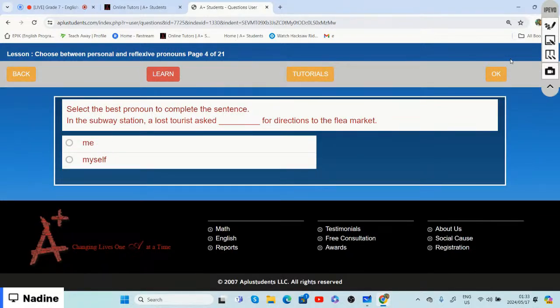In the subway station, a lost tourist asked me for directions to the flea market, or asked myself. So we say in the subway station, a lost tourist asked me for directions to the flea market.